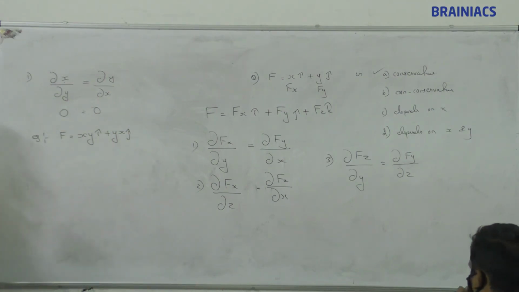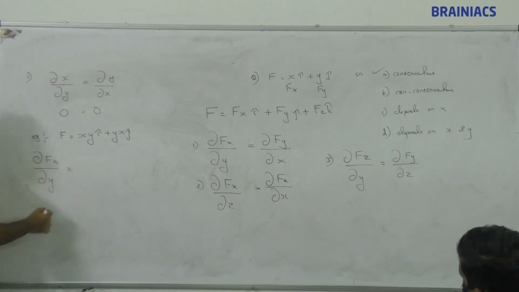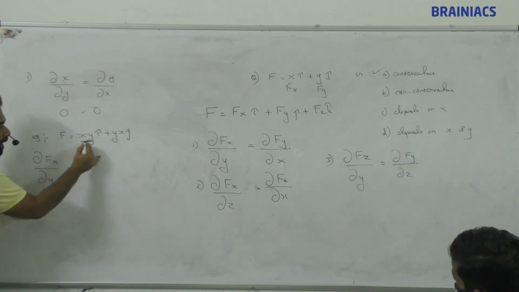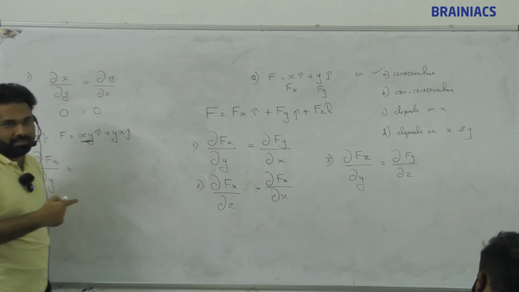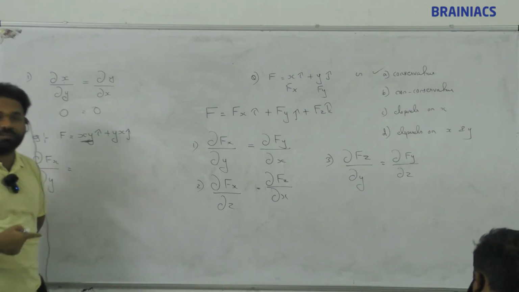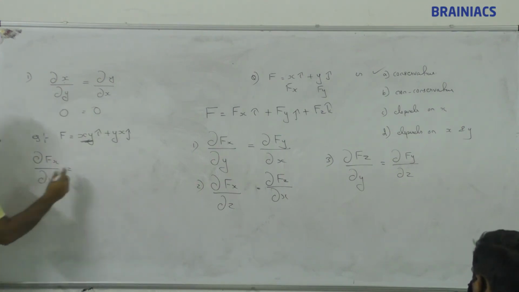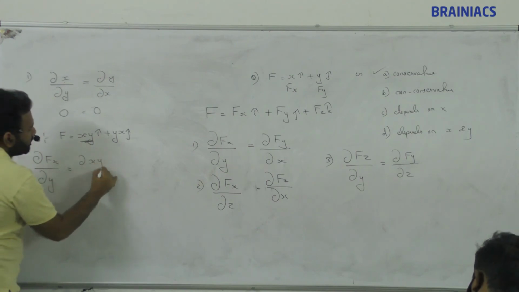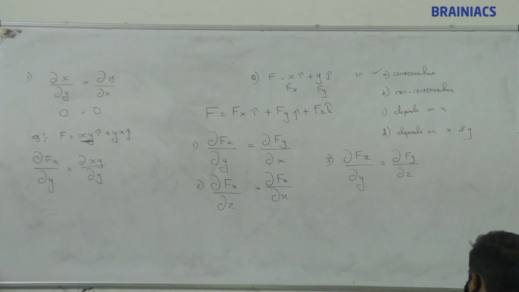If such a function, then ∂fx/∂y, if I do it, what is this? Whatever comes with i is the force component in the x direction. That is why we are writing fx. So ∂fx/∂y is nothing but ∂(xy)/∂y. When I differentiate this, what will come? x.